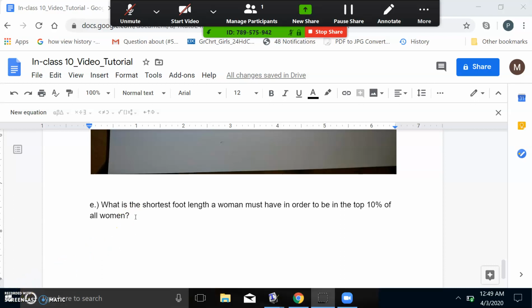Okay, so let X equal the shortest foot length of a woman in the top 10% of all women.